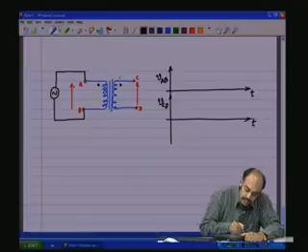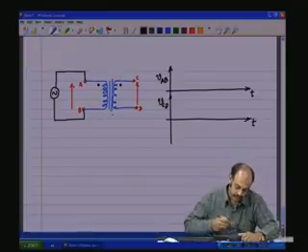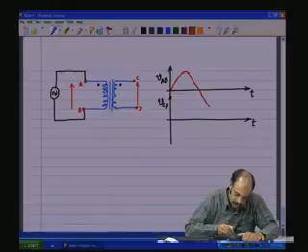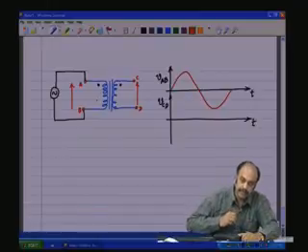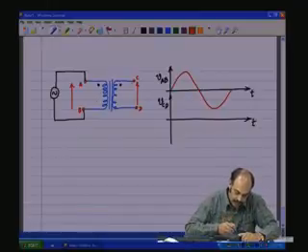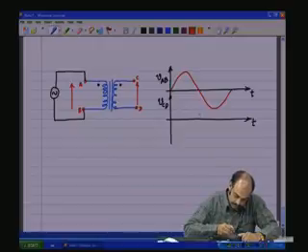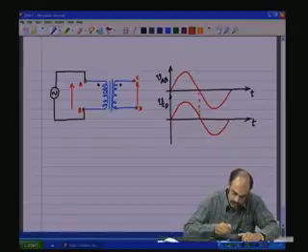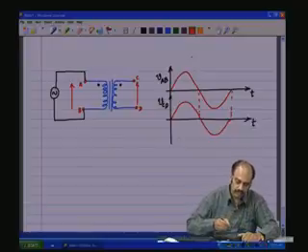We are measuring at C with respect to D. And so, if we had a waveform of this sort across VAB, which is applied, then the voltage VCD will be in phase, as shown.